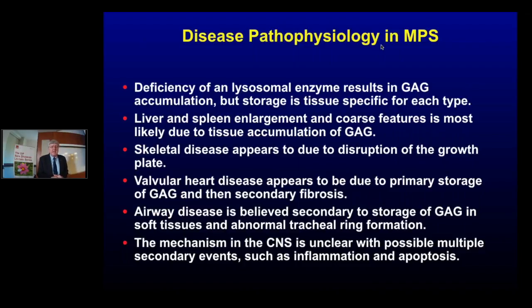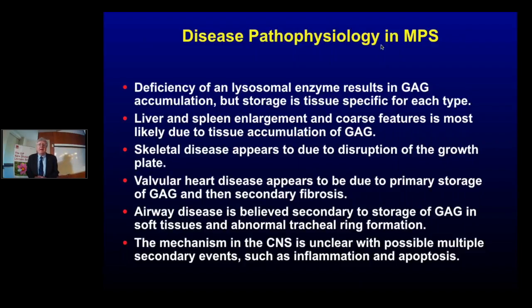The skeletal disease, in contrast, appears to be due to disruption of the growth plate, whereas the heart valve disease appears primarily due to storage of GAGs in the heart valve and then secondary fibrosis. It's a good example that once you have that fibrosis, all the enzyme in the world will not correct that. The airway disease is more complicated. We have secondary storage of GAGs in the soft tissues and the abnormal tracheal ring formation.